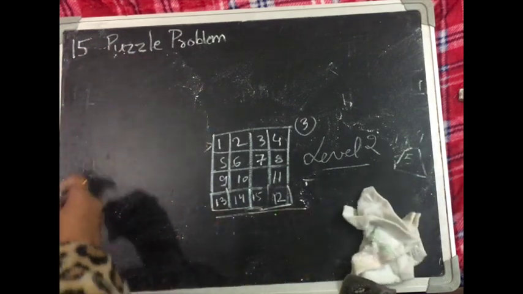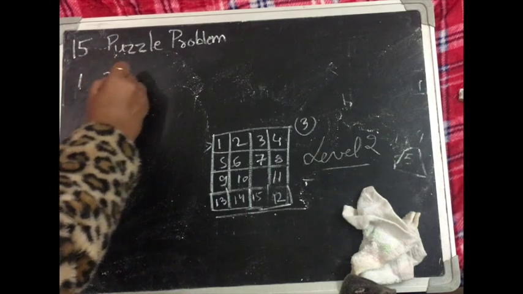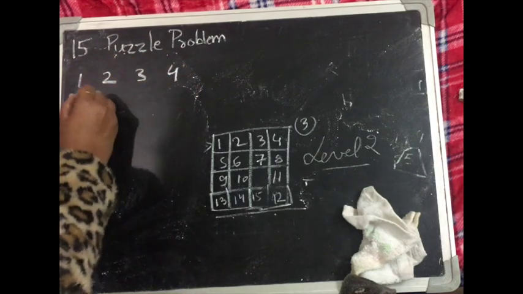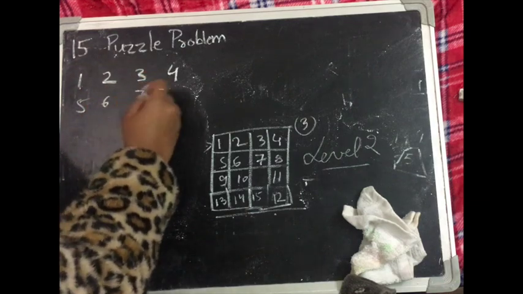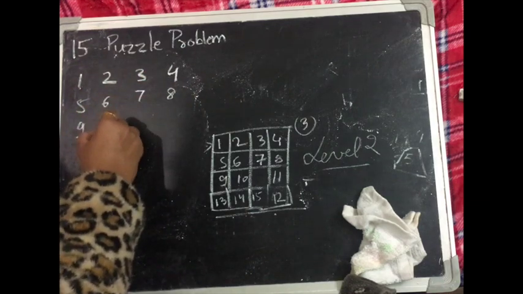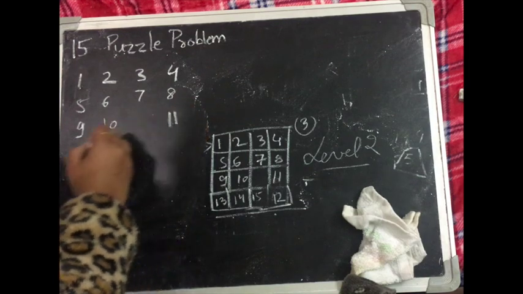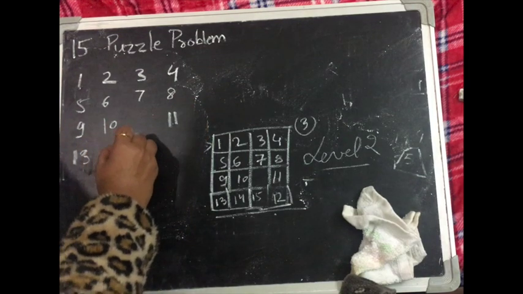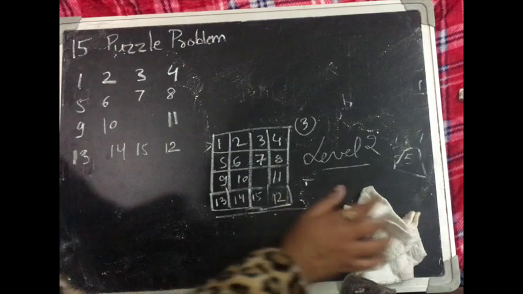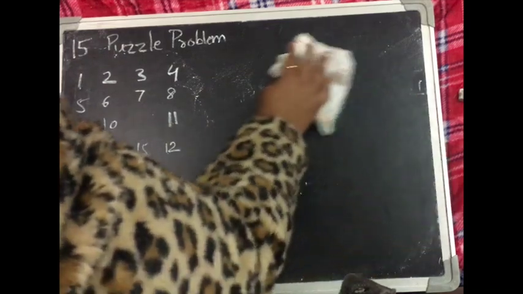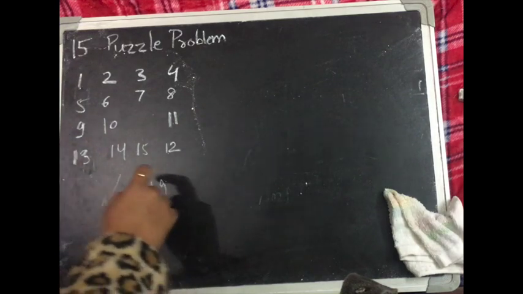Let me just write down this matrix. 1 2 3. So this is level 2. Now I have again to apply up, down, right and left to this matrix. But suppose I apply up to this.